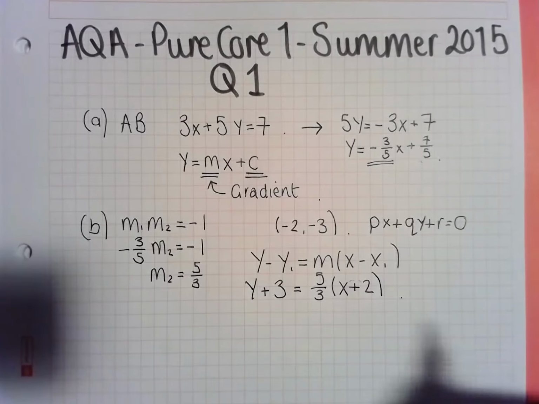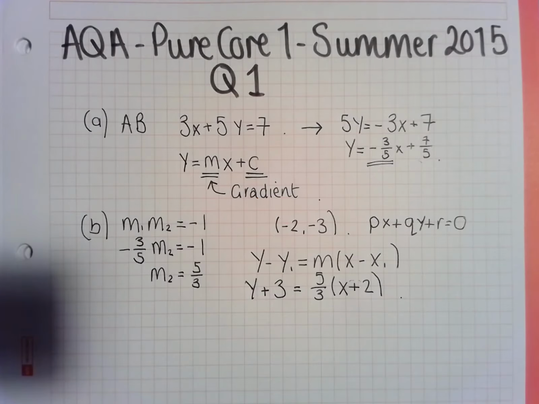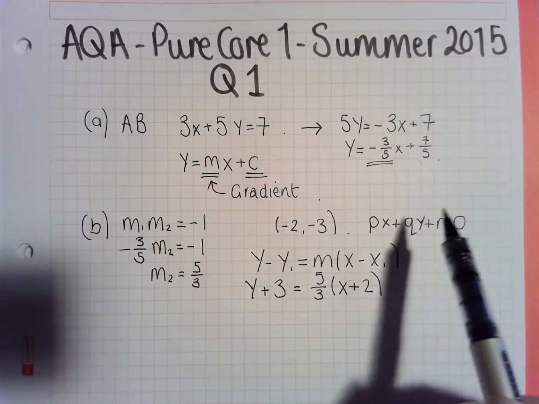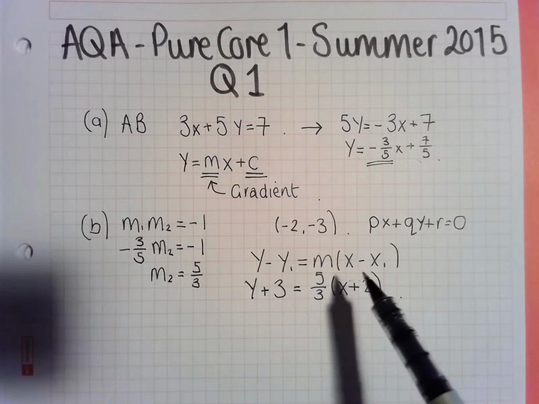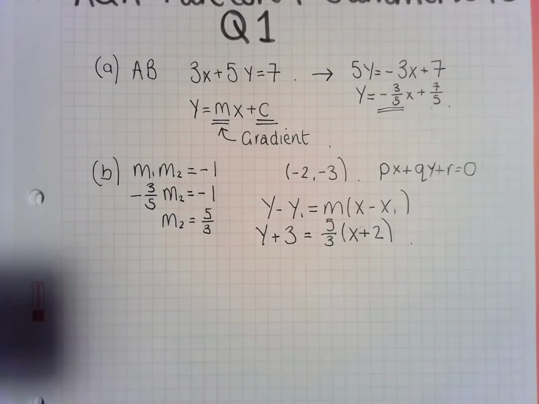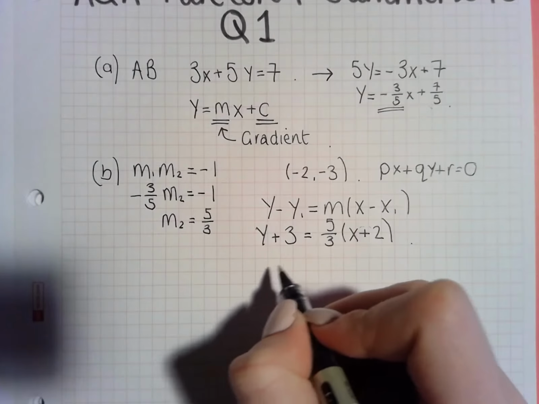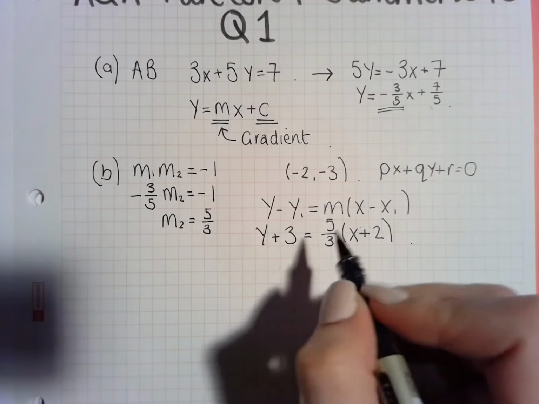So this is our line equation. Now we just need to manipulate that so that it looks like this, and we need to eliminate the fraction because it says p, q, and r need to be integers, which are whole numbers. So let's times the whole thing by 3 to turn the whole equation into integers, no fractions in there.